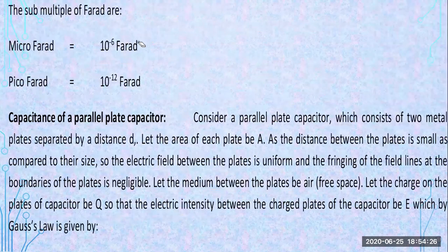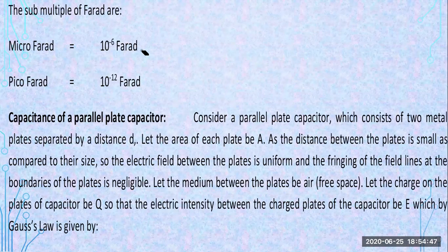We will complete today's topic up to this limit. Submultiples of the farad are the microfarad, 10 raised to power minus 6, and the picofarad, 10 raised to power minus 12. These are different units used to express the capacitance of capacitors.